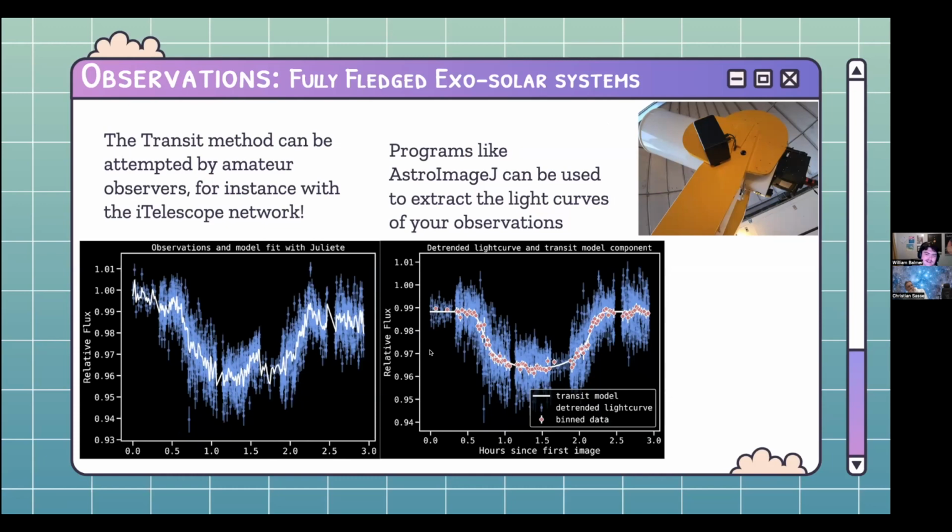This is a transit that I observed from the middle of Baltimore City. Right, and it's still a nice clear signal. And there are lots of amateur observers who have tons of great tips on how to observe these events, and also really nice and easy to use programs like AstroImageJ that you can use to extract these light curves from your series of images.